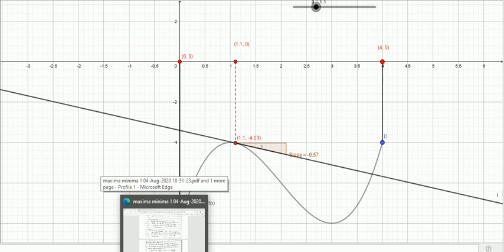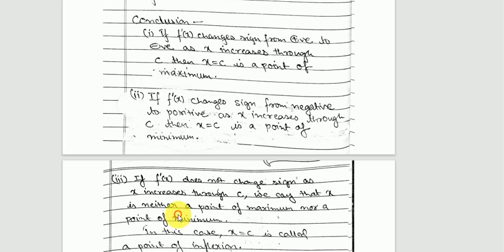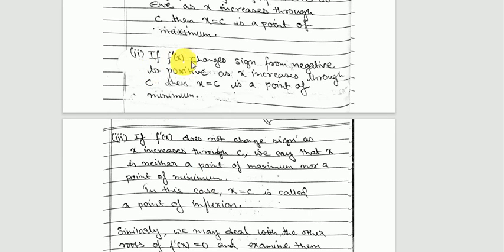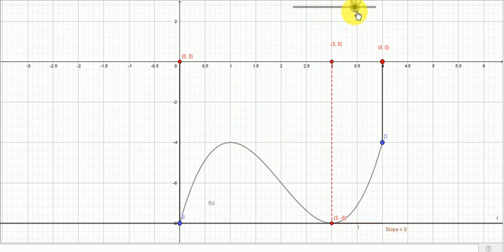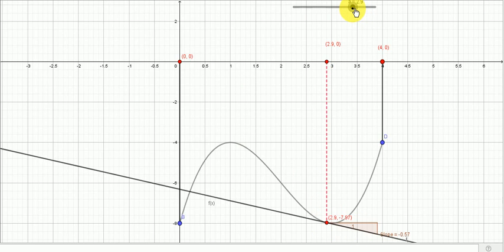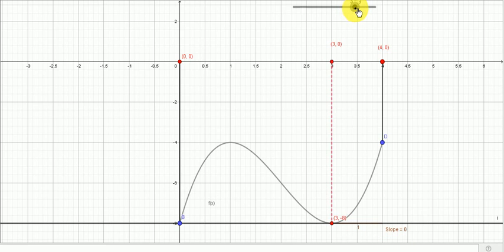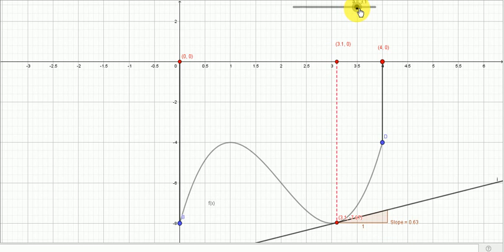Next, if the derivative changes sign from negative to positive as x increases through c, then x equal to c is the point of minimum. Like here, for x equal to 3 the derivative was 0, and when you took x a little less than 3, the derivative was negative, and when you took x a little more than 3, at that time the derivative was positive.